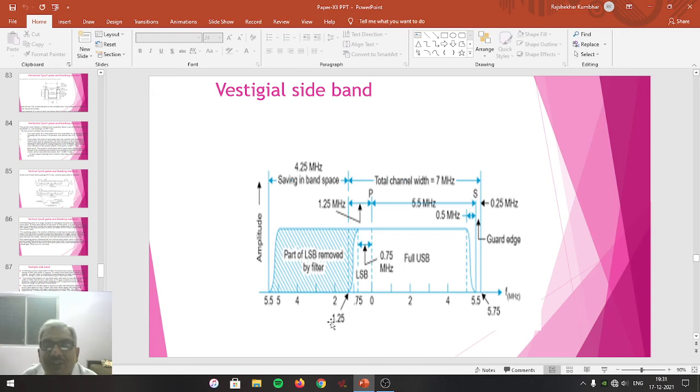Thus 1.25 MHz plus 5.75 MHz forms the 7 MHz. Otherwise, the bandwidth would become 10 MHz. As some part of the lower band is taken, that part is known as the vestige, and that's why that band is called the vestigial sideband.